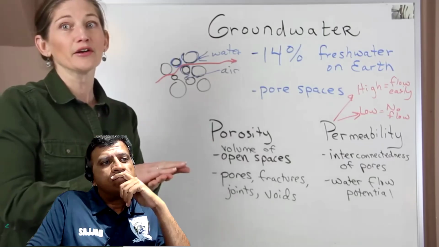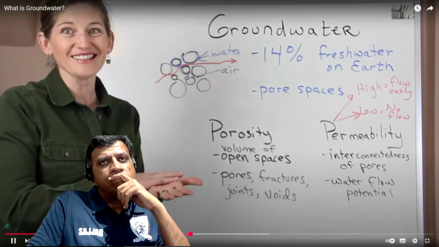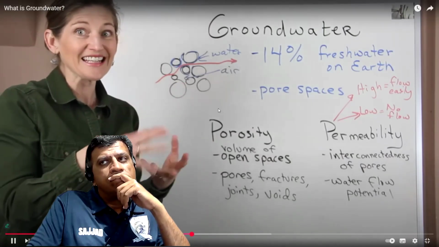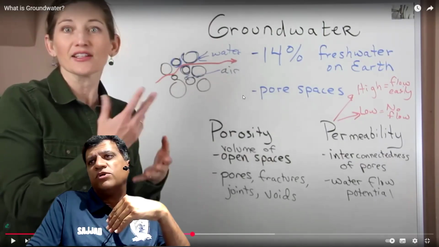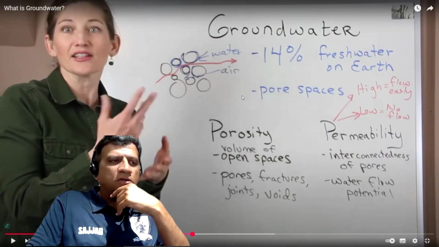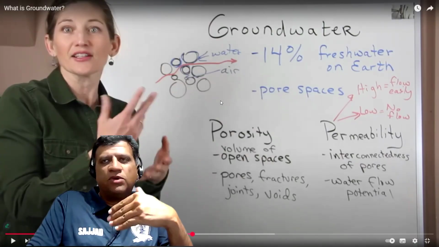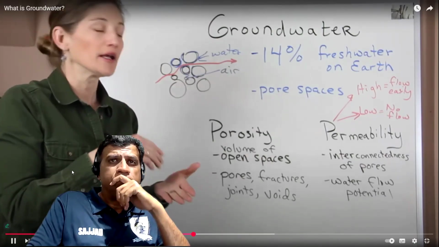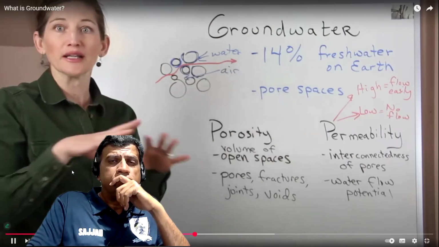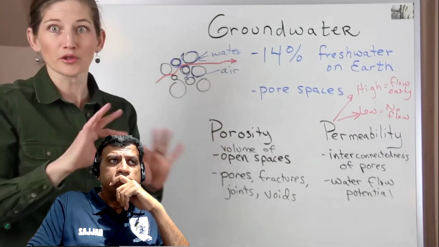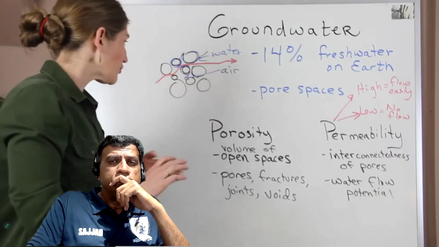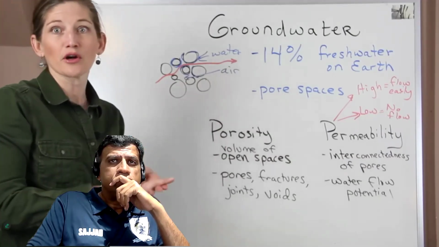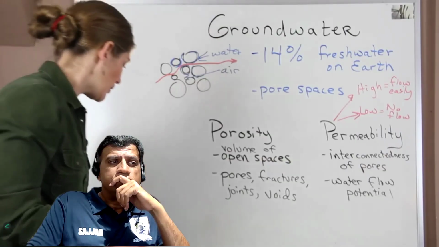Or if the layer has no pore spaces, and so the water can't get in it, and certainly won't be flowing through it, then we call it an aquiclude. It excludes the water, so it's an aquiclude. So those are three words: aquifers, aquitards, and aquicludes to know about.